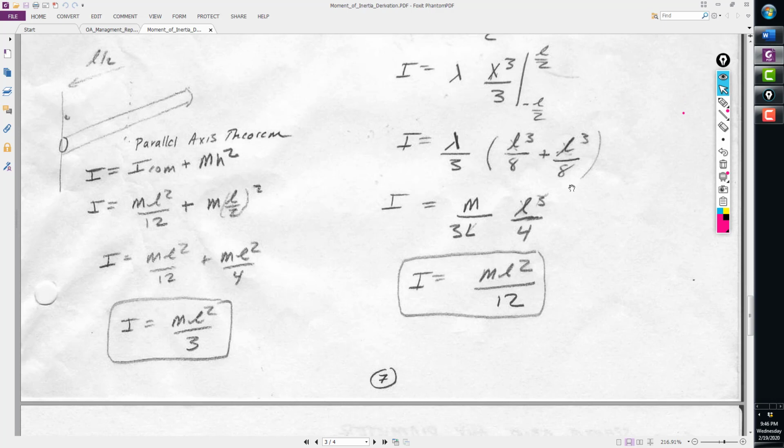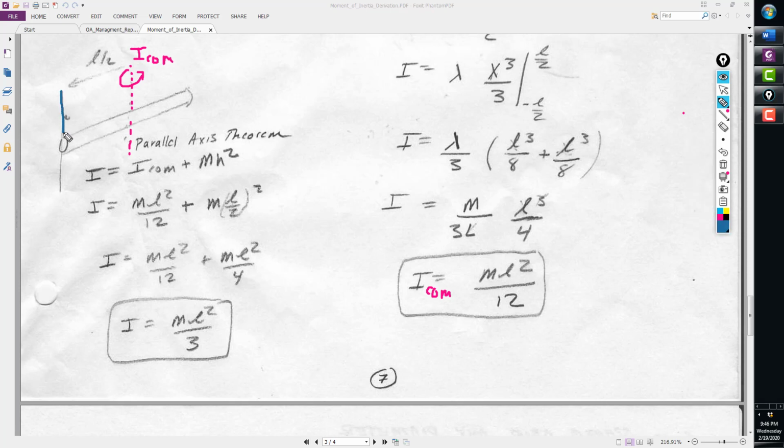Now, parallel axis theorem: if I want to find out what is the I to rotate this from the end, not from the center, how would I do that? Well, the parallel axis theorem states that if I know the I of the center of mass, which we do, so the whole point of doing this one is because this is really the I of the center of mass, I can rotate that from any other point that's parallel.